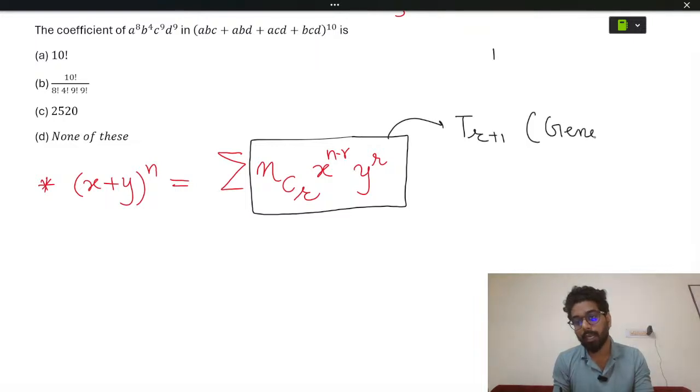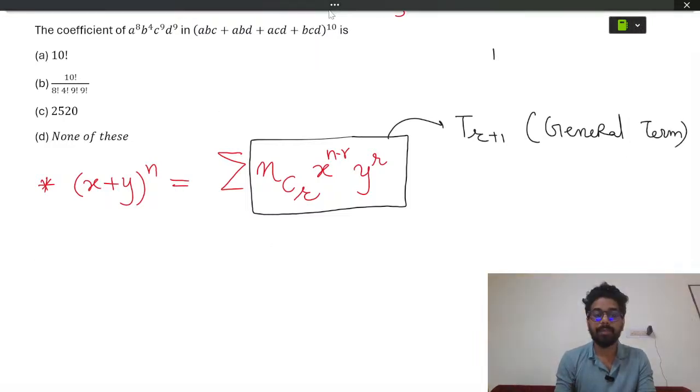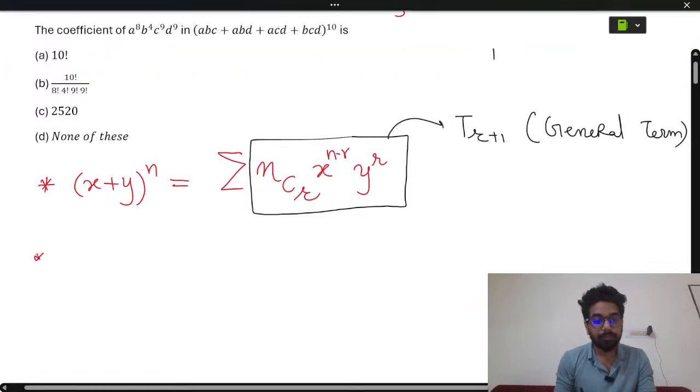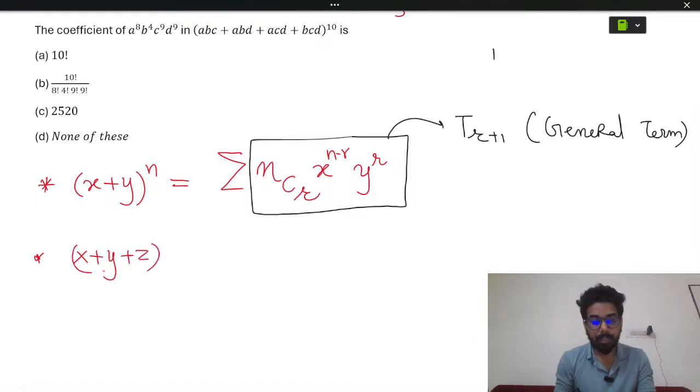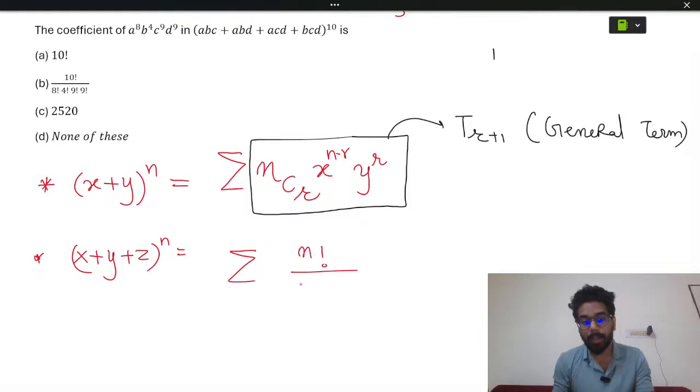So the theoretical part I have given you. Let's suppose we have a multinomial, so we will say x plus y plus z whole power n is the summation of n factorial upon p factorial, q factorial, r factorial, x power p, y power q, z power r.